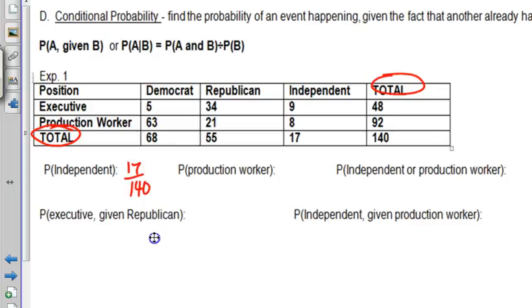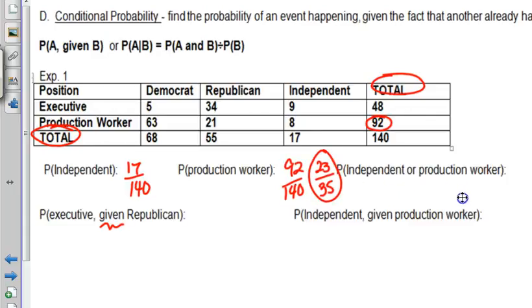The denominator is still everybody. When it says given, that's when the denominator changes, okay? Probability we pick a production worker: 63 Democrats, 21 Republicans, 8 independents for a total of 92 out of 140. 23 over 35. Thank you.